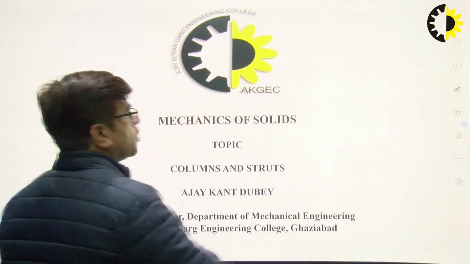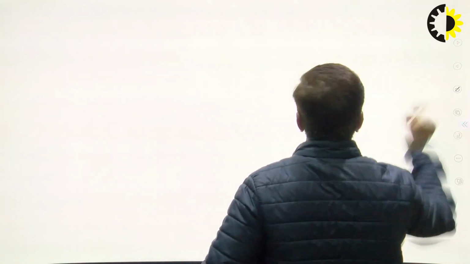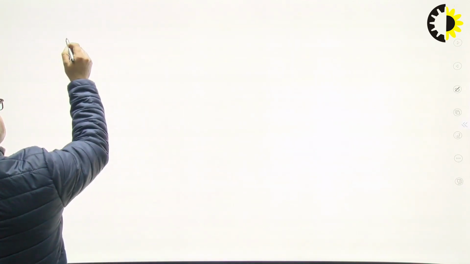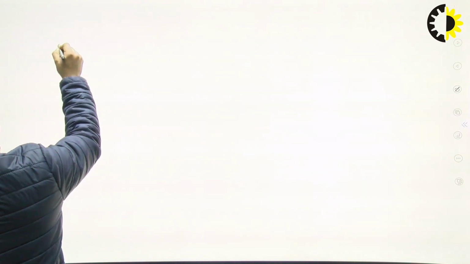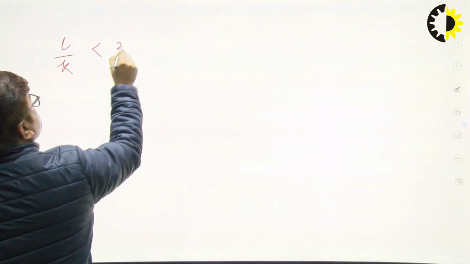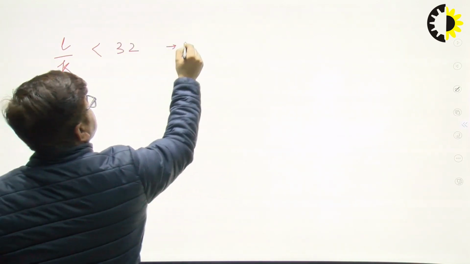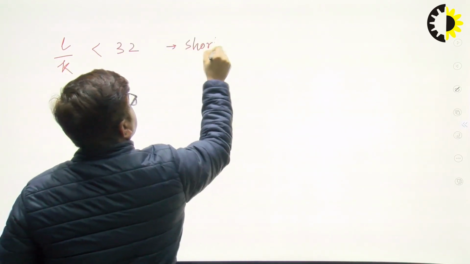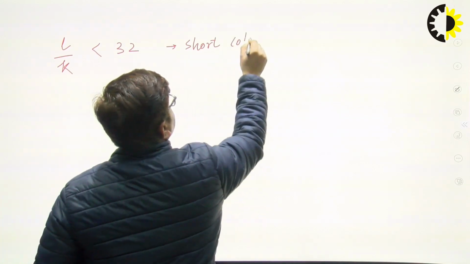Here we will see how the slenderness ratio varies for the different types of columns. The slenderness ratio L by K, if it is less than 32, it is the short column.